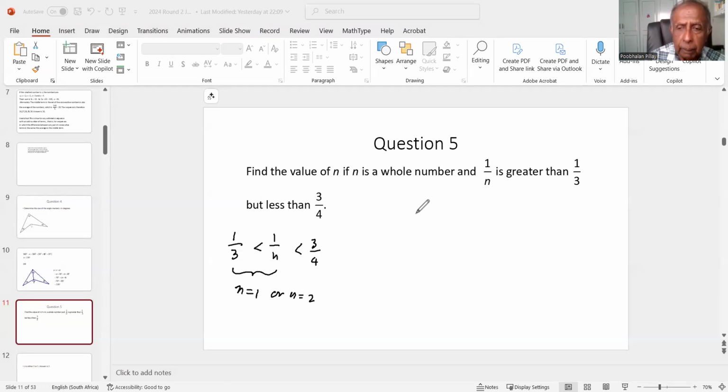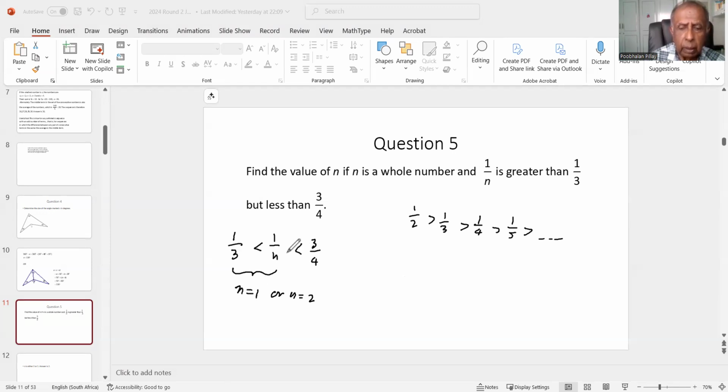When you take these fractions, a half is greater than 1/3, because you're dividing it up into 3 parts now. And if you divide it into 4 parts, each one is smaller, and 1/5 and so on. So this is always true. So if you've got 1/3 is smaller than 1 over n, so n can only be 1 or 2.